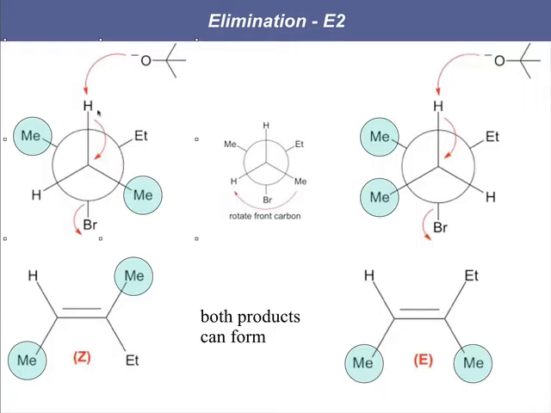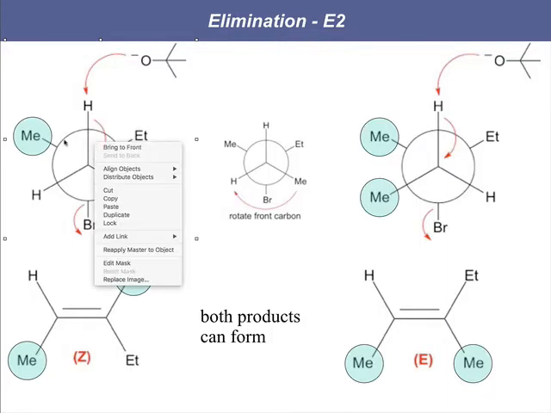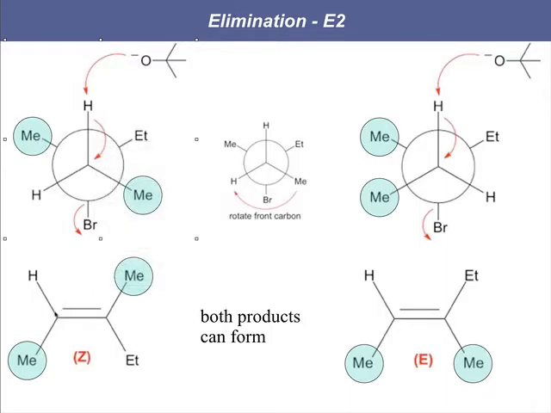So in this particular configuration, where this hydrogen and this bromine are anti to each other, the methyls are apart. And so when this pi bond forms, when the mechanism proceeds, the methyls get locked on the opposite face of one another. See that?